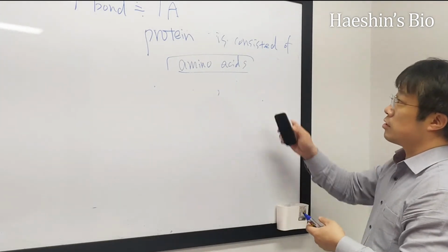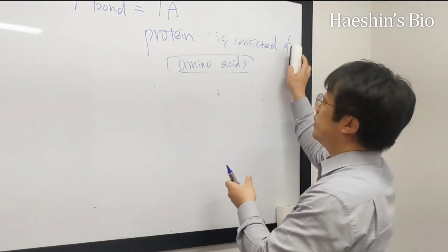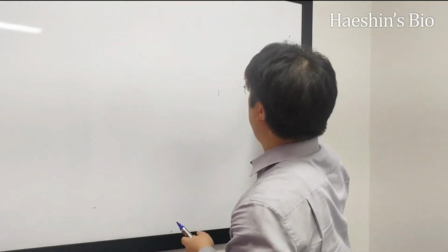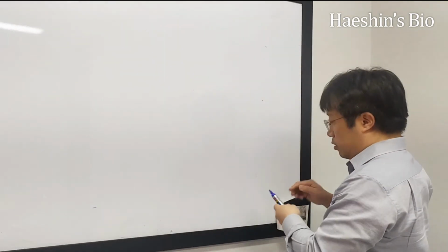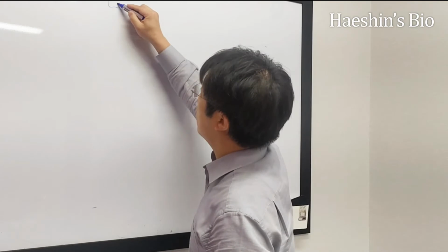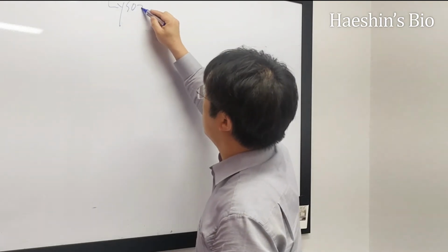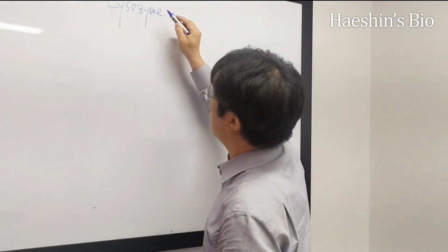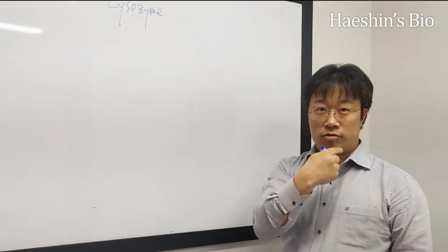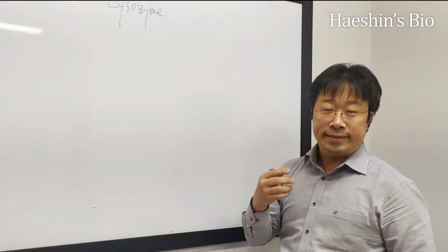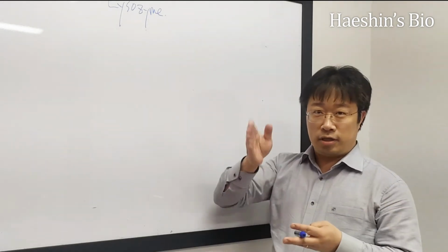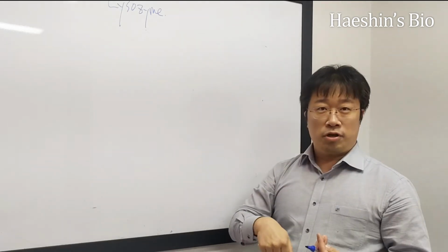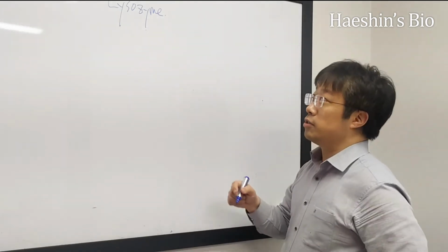As the proteins consist of amino acid sequences, the representative protein is lysozyme, which is in our tongues. In our mouths, we have lysozyme. We eat rice, there's a polysaccharide here, and then it is chopped up and goes in here for further degradation.